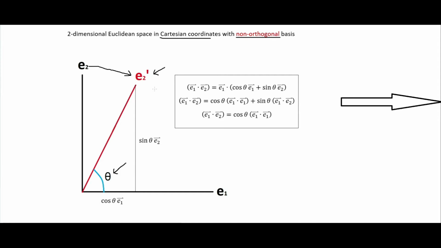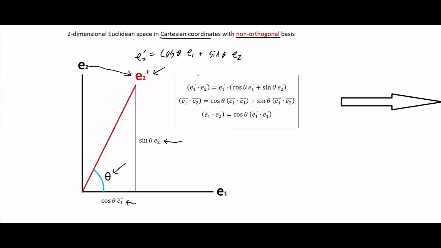And now the E2 prime is going to be equal to, because we now have to put it in terms of the E1 and E2, cosine theta times our E1 plus sine theta times our E2, because this is our sine theta times E2 and this is our cosine theta times E1.